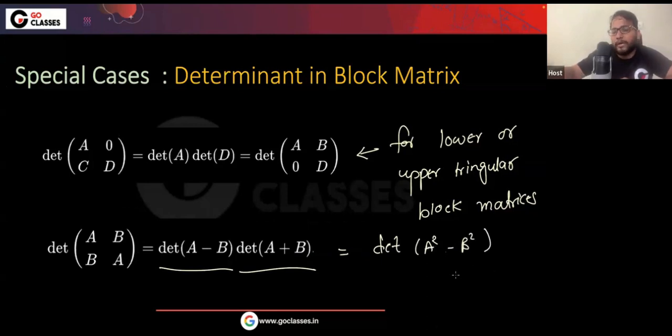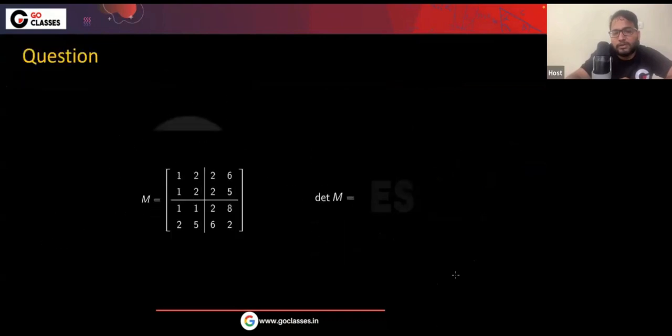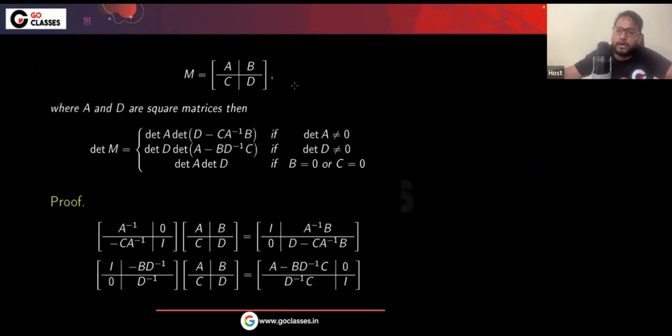So how I came up with this, you can just see here. If C equals B and D equals A, then you will be getting the same thing.